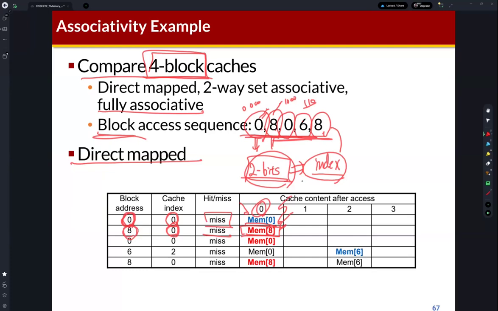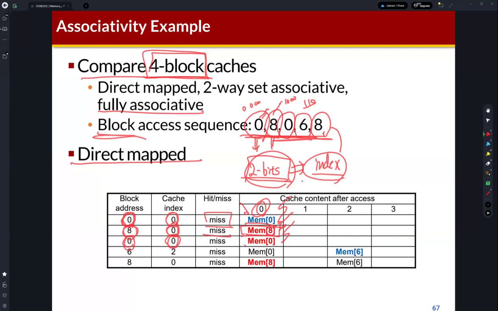Then how about the next request? The next request is 0. What's the problem? It targets the same cache index. Actually the memory 0 is already evicted from the cache, right?